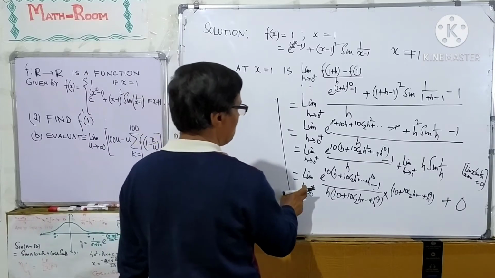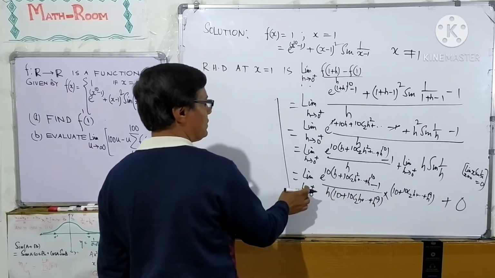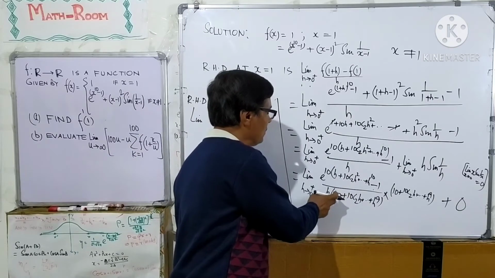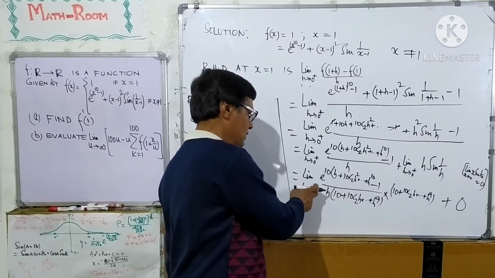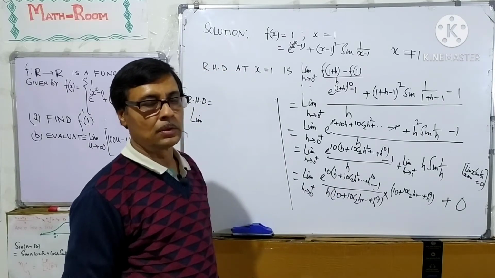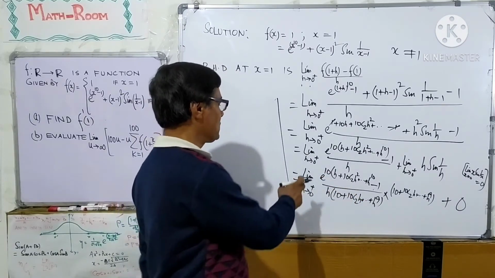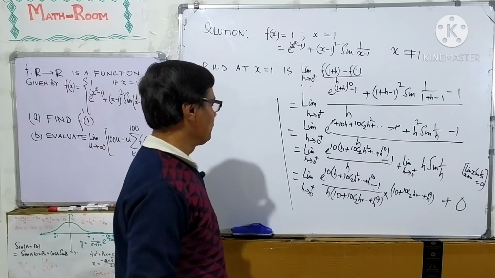Also, if h tends to 0, this also tends to 0, because this has a factor h, and h tends to 0. So, this expression also tends to 0.